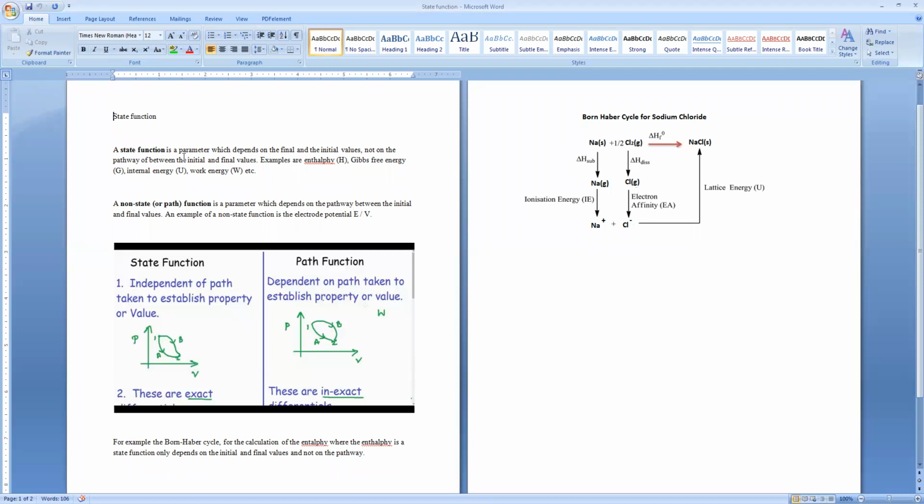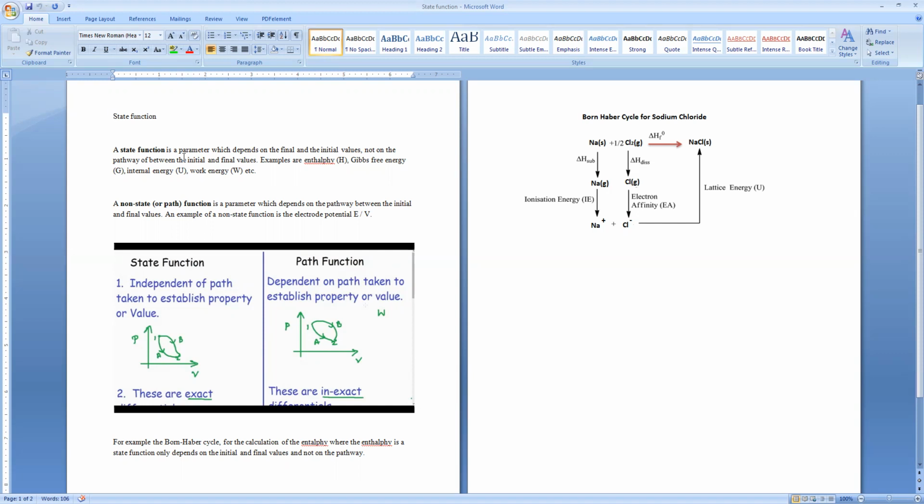Like for example, you might have heard of the Born-Haber cycle. The Born-Haber cycle is basically calculating the enthalpy of the change. For example, when you react sodium metal with chlorine gas, you get sodium chloride. What is the enthalpy?